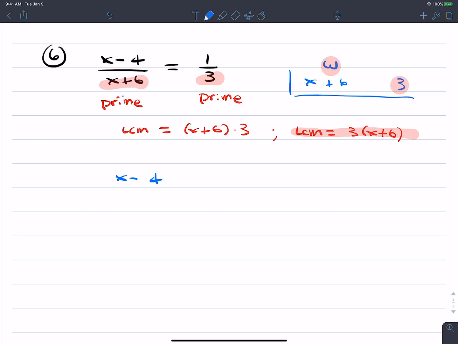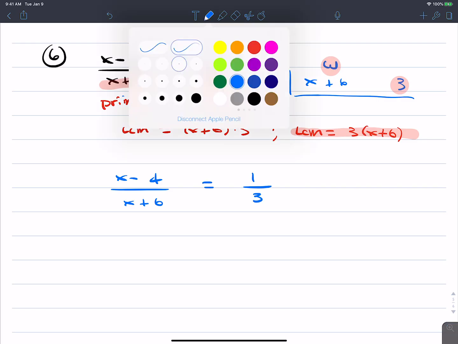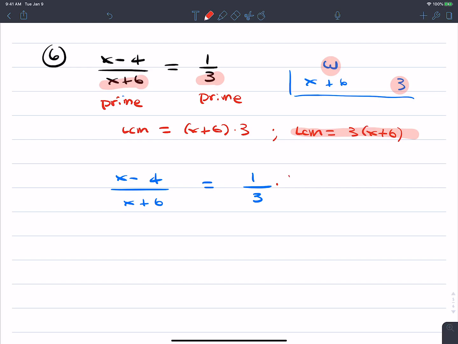So what do we do with this again? We multiply the left side and your right side by the LCM of 3 times x plus 6. So if you guys remember in our warm-up, yes, it's true that 3 times x plus 6 is 3x plus 18. Remember we did this one?